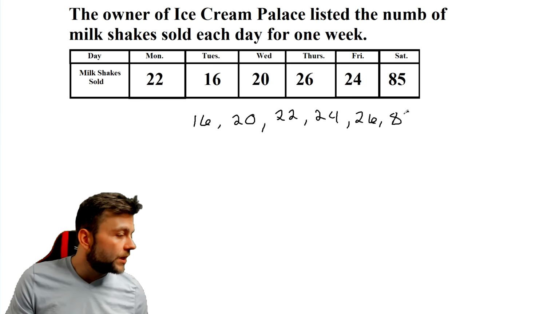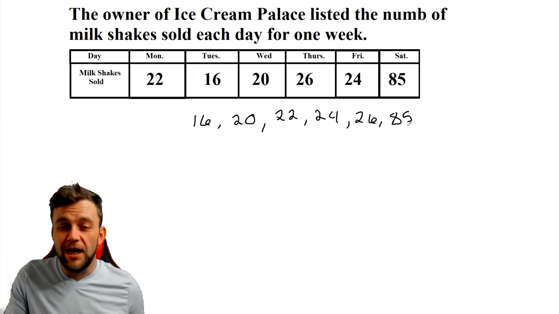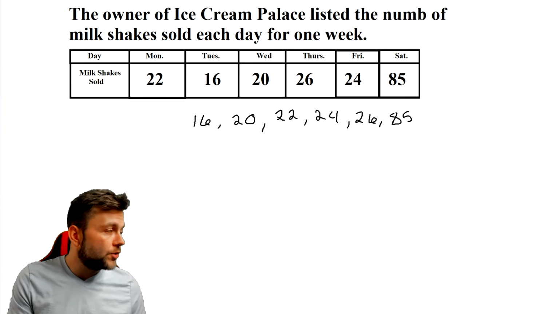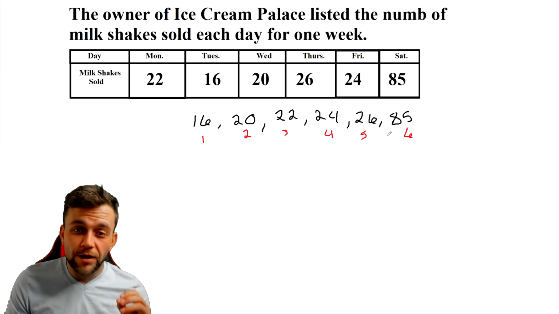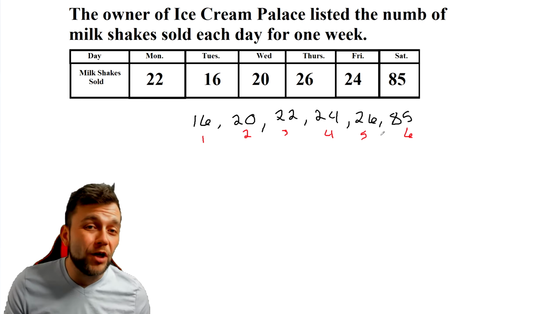So in this example, it doesn't really matter too much that we have this large 85, right? But what we really care about is which one is right in the middle. So 1, 2, 3, 4, 5, 6. Okay, so we have another even number of points inside of our data set.